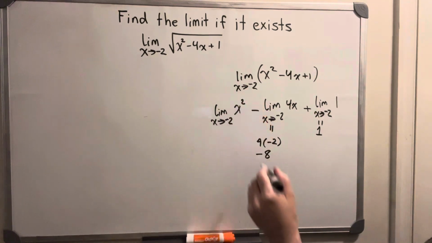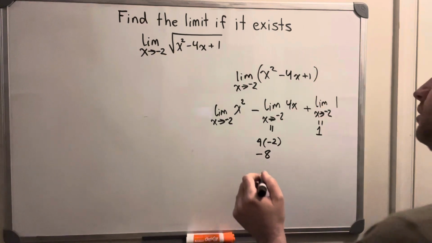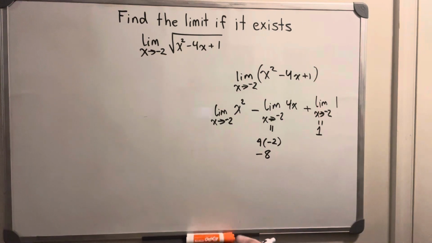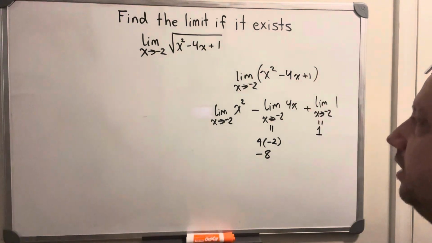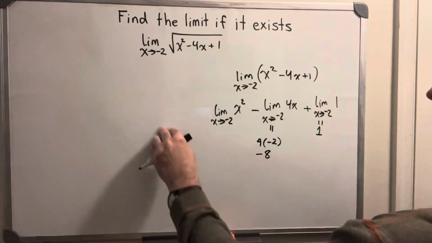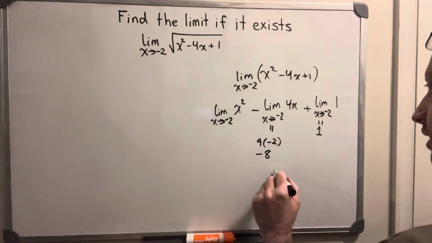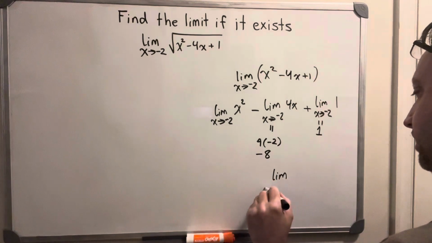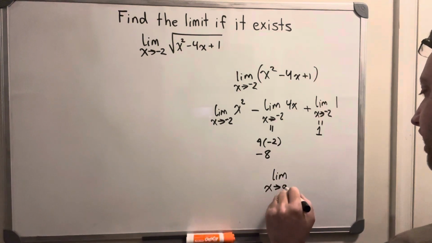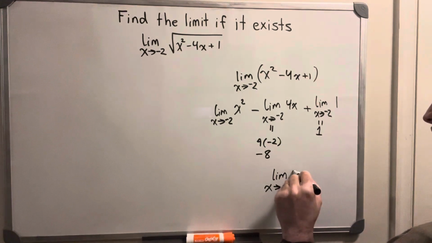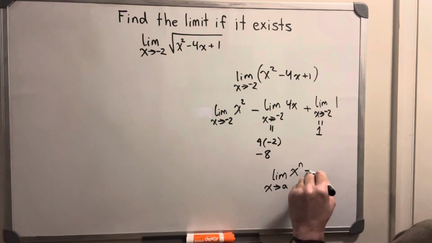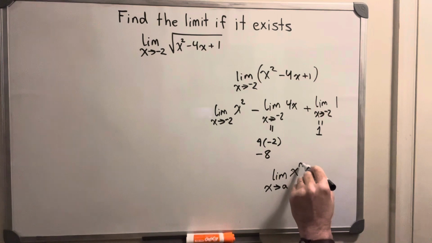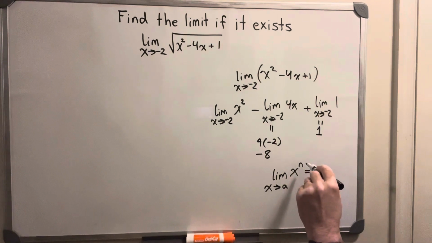Now this squared function. We have a limit theorem about exponents, positive integer exponents. It turns out that there is a theorem that states that the limit as x approaches a, where a is some real number, of x to the nth, where n is a positive integer.